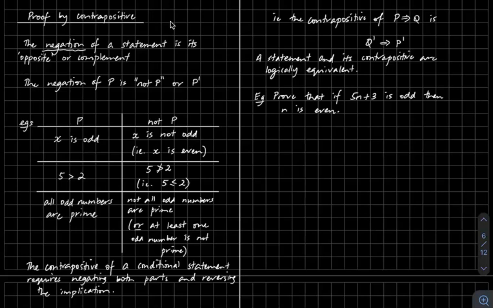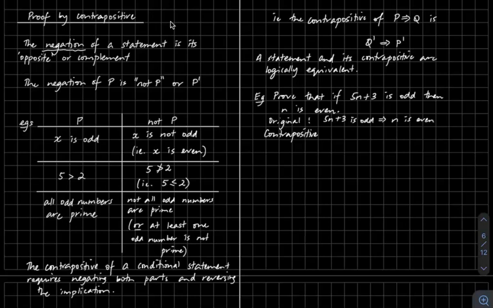Whereas, if we go the contrapositive, well, let's actually write the original first. The original statement is 5n plus 3 is odd implies n is even.